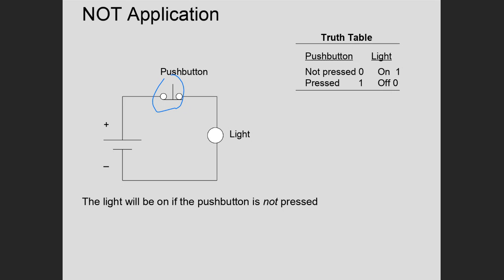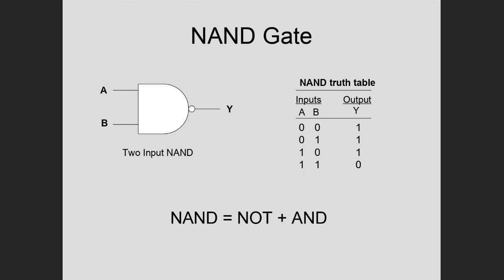Okay, now, remember I said we can combine gates? Well, here's an example. I can take an AND gate. I'm going to try to draw an AND gate with my mouse. So here's my AND gate, and I can run that AND gate to an inverter.